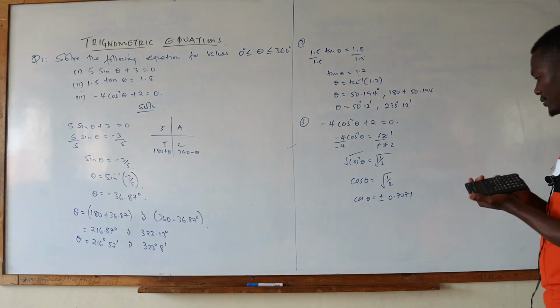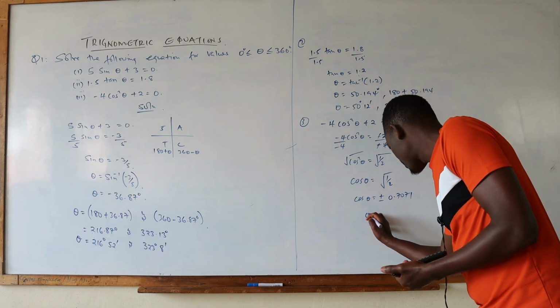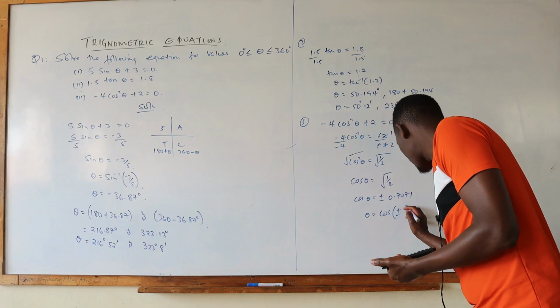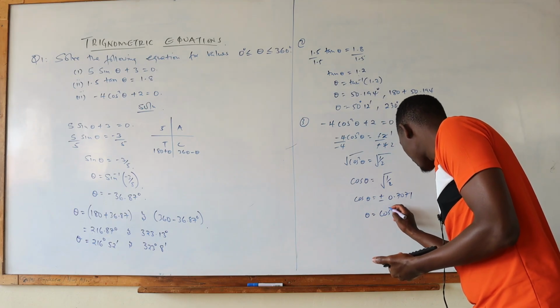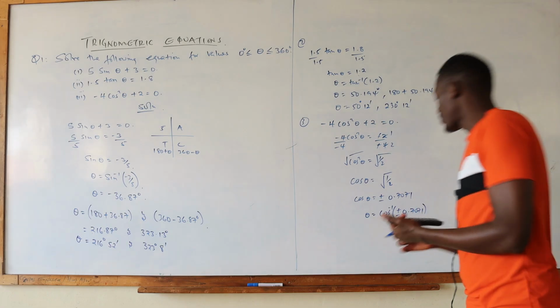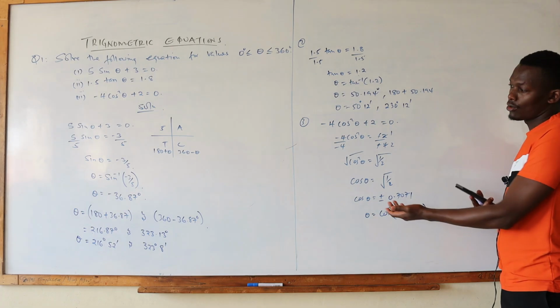So what about theta? So theta will be cos inverse of positive or negative 0.7071. So we'll get the acute angle.